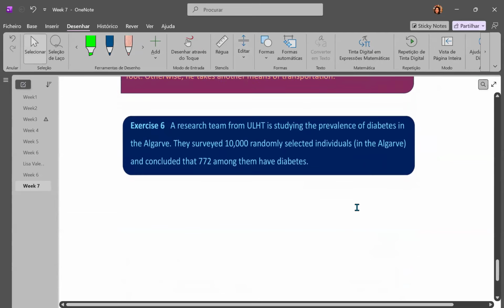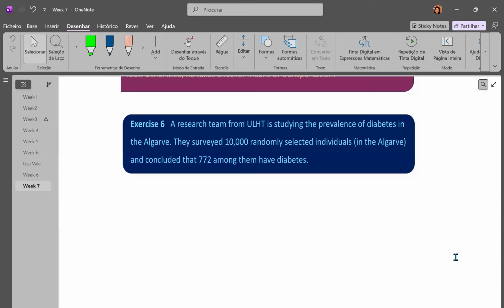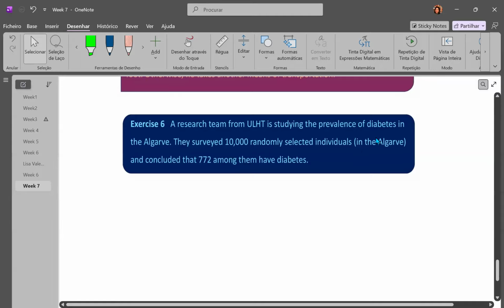exercise 6. So we're thinking about a research team from Lusófona, and they are studying the prevalence of diabetes in Algarve. They surveyed 10,000 randomly selected people in Algarve and concluded that 772 among those 10,000 people do in fact have diabetes.